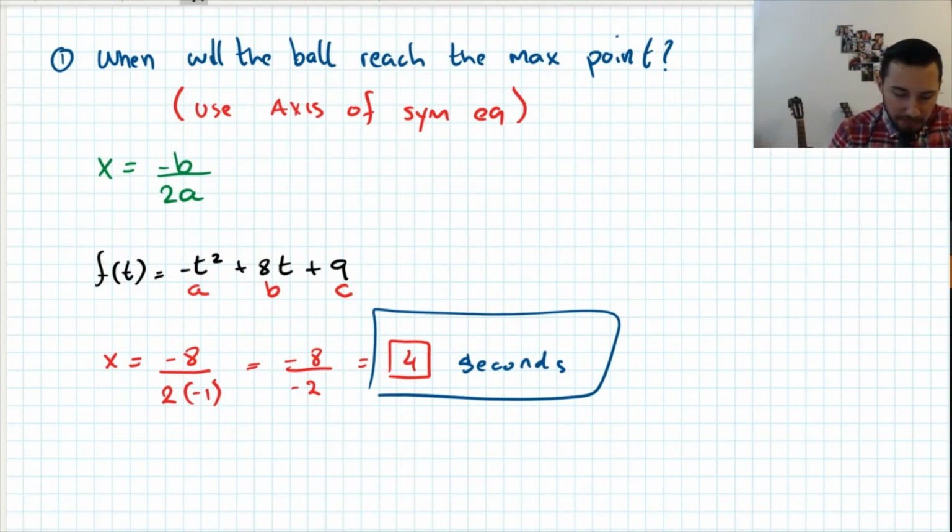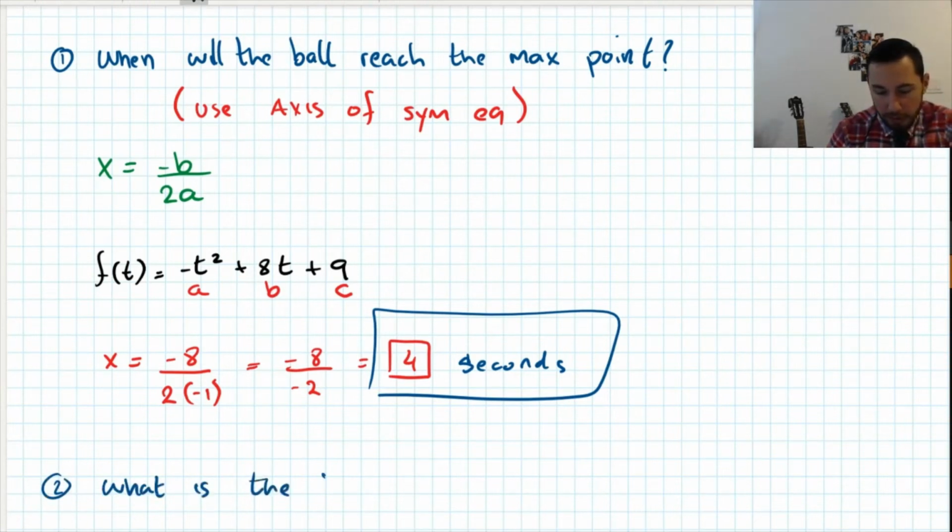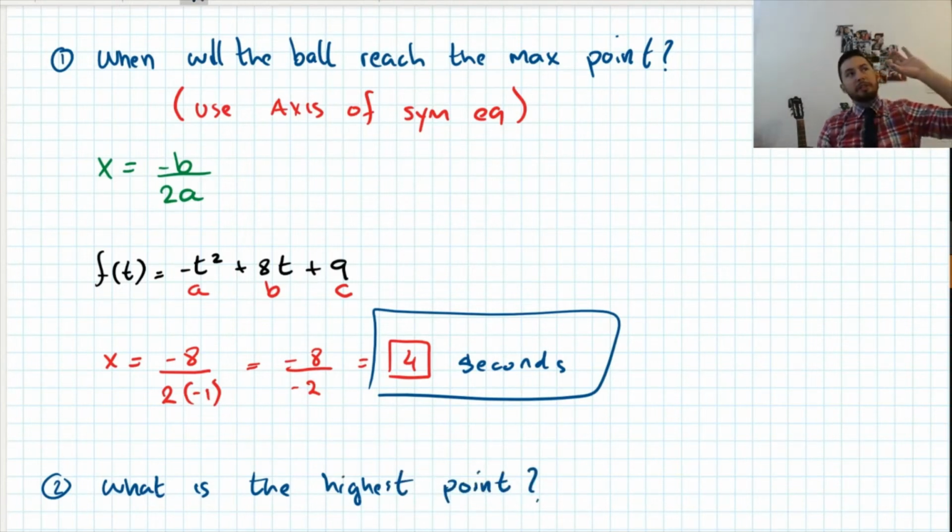So let's say that number 2 was, what is the highest point? Right, so what is the maximum point? What is the farthest this ball can go up in the air?